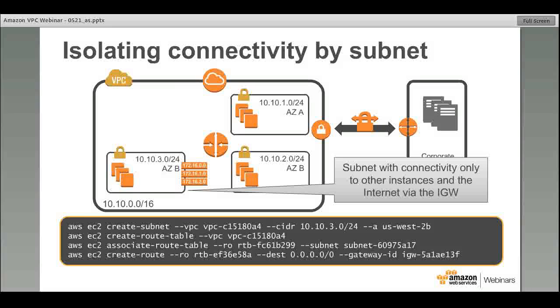What I've done here is update that routing table and create a route that goes only to the internet gateway. So once I've done this, any instances in this .3 subnet will have connectivity only directly to the internet. These instances in this subnet will not be able to reach through my private connection back to my corporate data center.